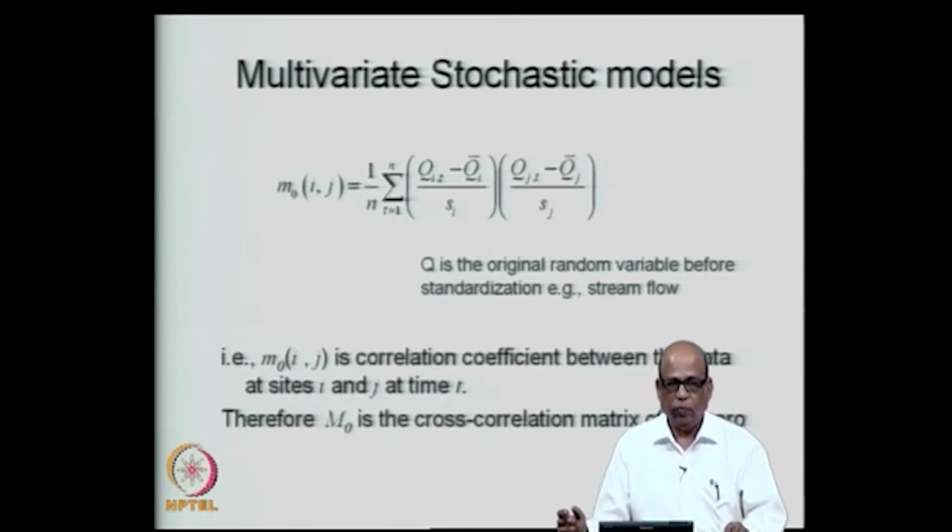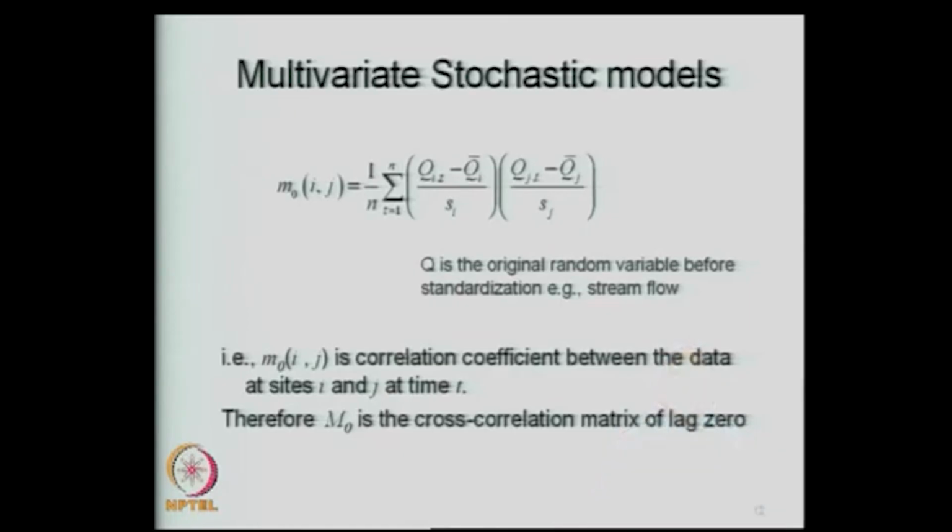So, essentially what we did today is that we started with the multivariate stochastic model, where we are talking about preserving or taking into account the dependence of flows, or dependence of the variable at one particular site, on the variable at a different site.